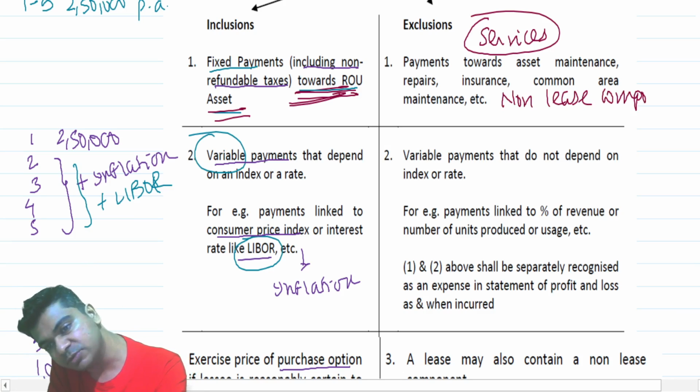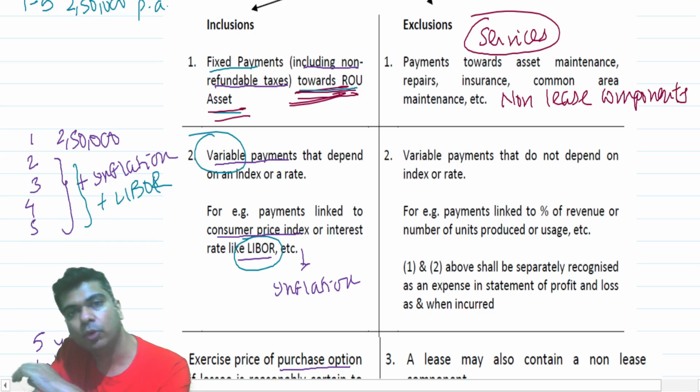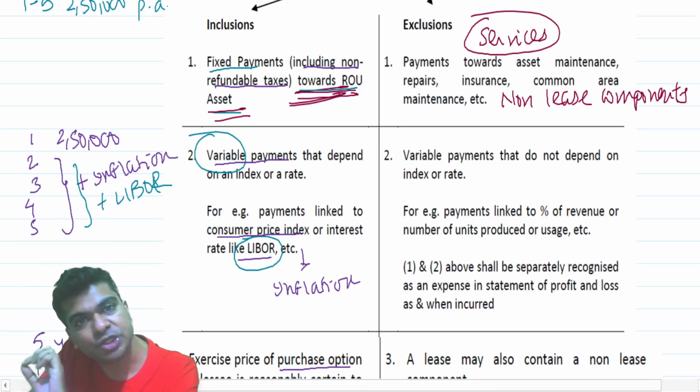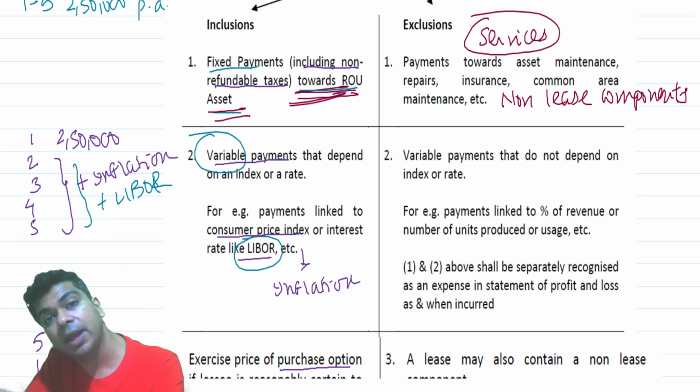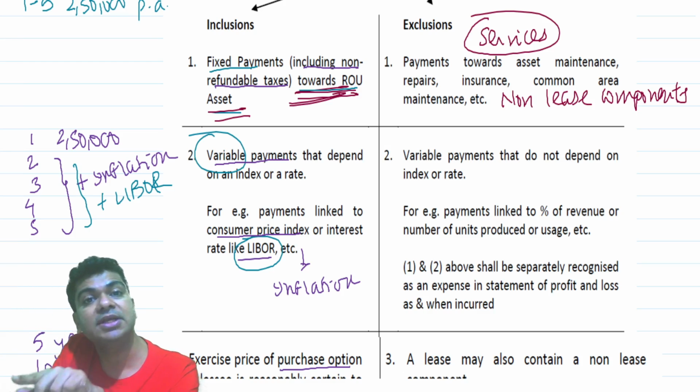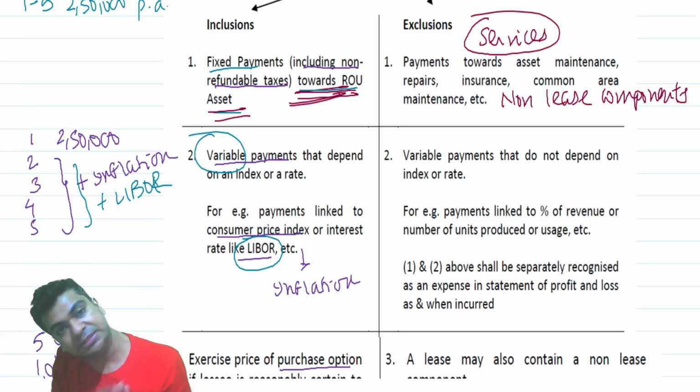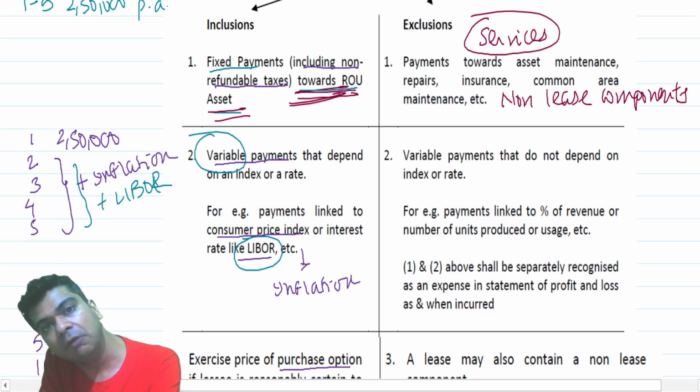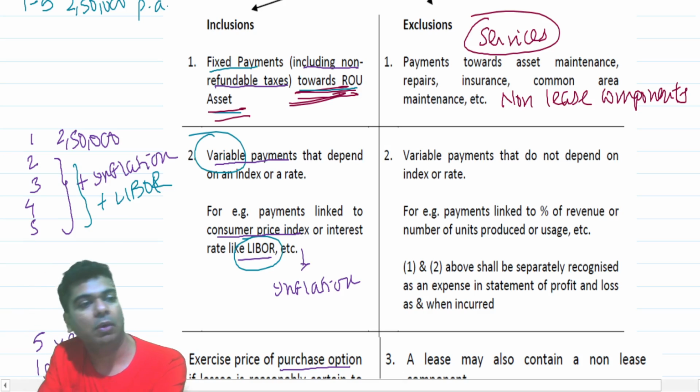Many a time we refer to them as non-lease components. Lease is for an asset. The definition of lease is that you will get a right of using an asset. These payments are not towards the asset. These payments are towards certain services that you are going to enjoy. So Ind AS 116 says you should exclude them from the lease payments.